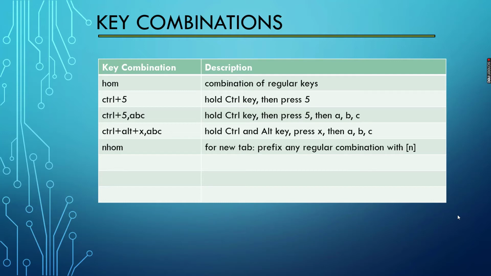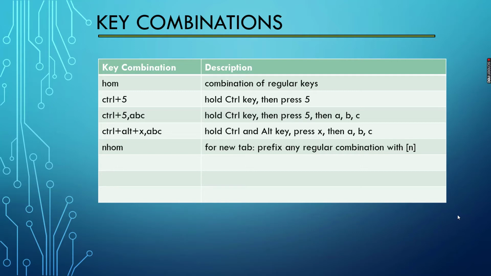And then I have some of the key combinations that are possible here. So obviously a combination of regular keys, just a sequence of them, and all the preset shortcuts are used like this. So you don't use Control, Shift, and so on for the regular ones that are preset. You can use Control plus a letter or a number. You can use Control plus a letter and then another sequence of letters.